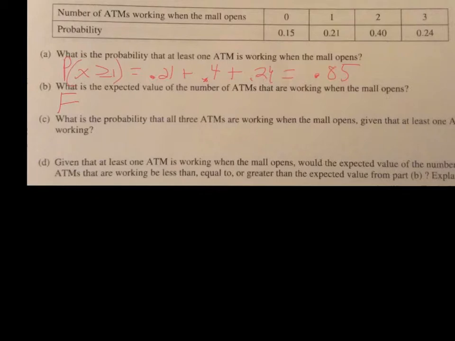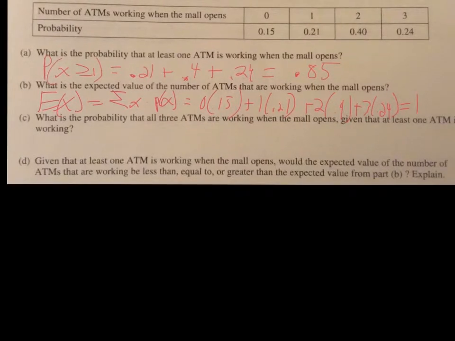So the expected value of x is equal to the sum of x times p of x, which is equal to 0 times 0.15 plus 1 times 0.21 plus 2 times 0.4 plus 3 times 0.24 equals 1.73 machines. So I would expect on any given day that 1.73 machines would be working.